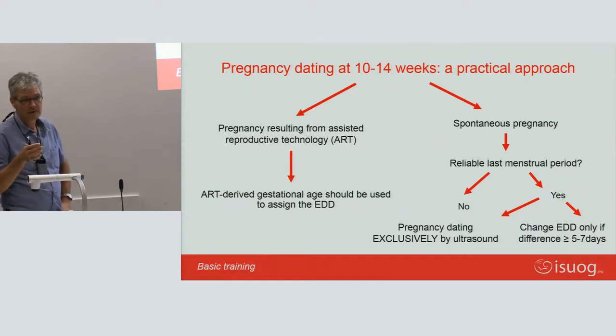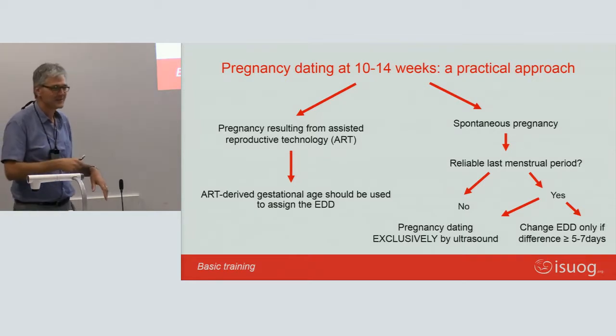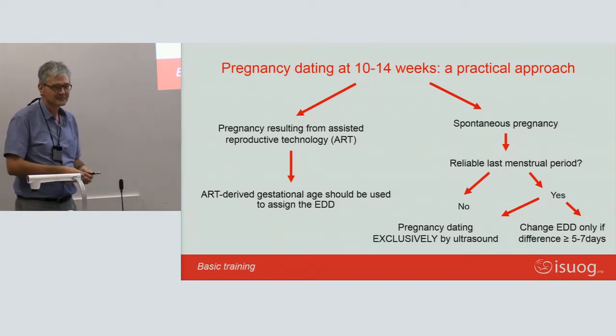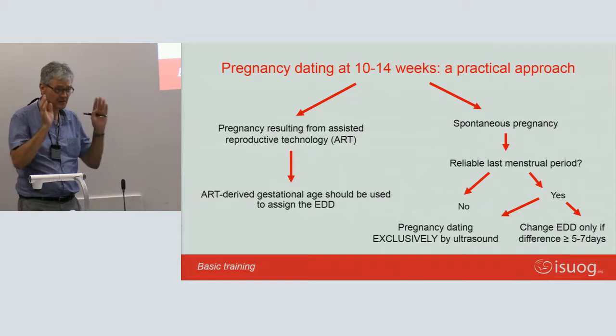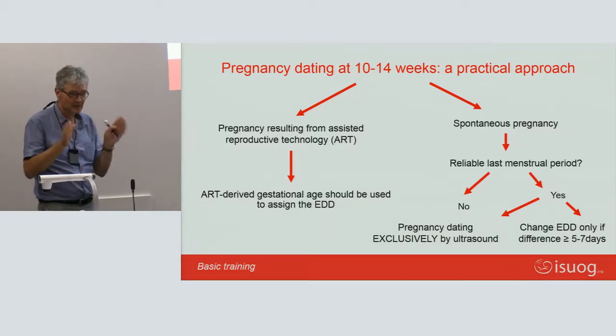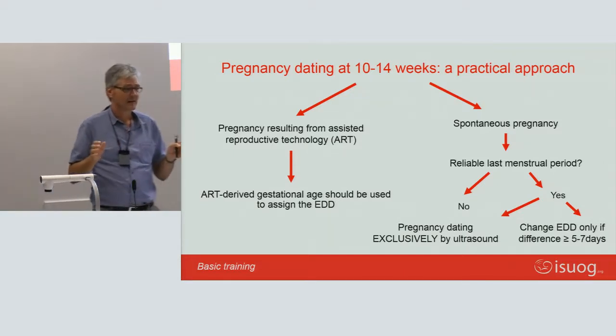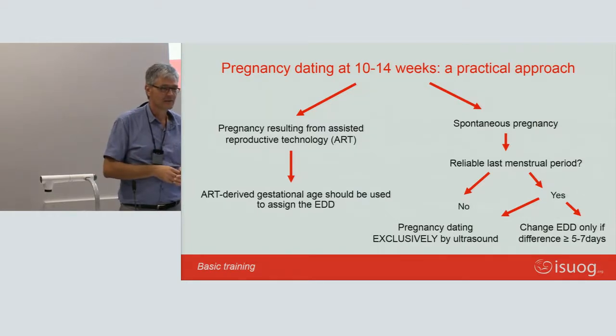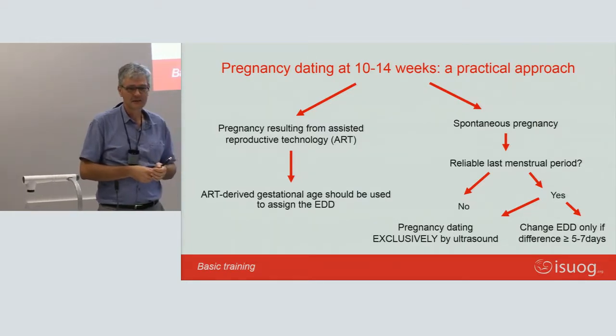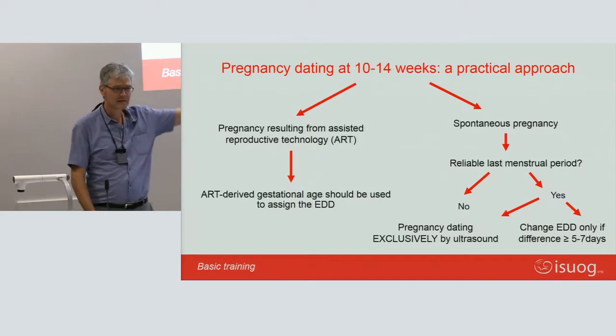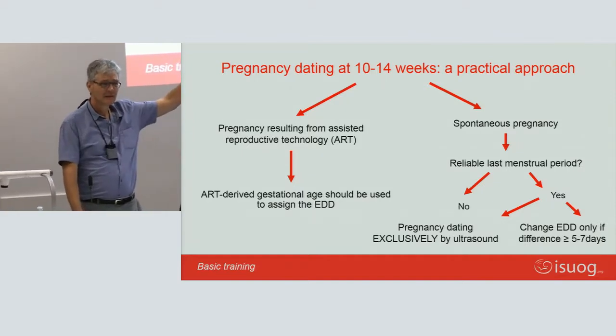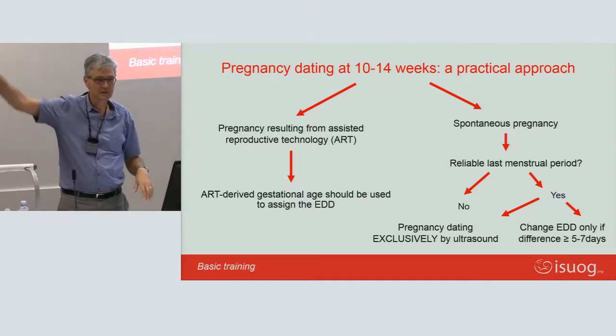And if someone's had an artificial insemination, do you use that date? Emma says 2 days later. Okay, so with IVF you know the conception date, you use that. Artificial insemination, do we use that date? Who says yes? I see a couple. Who says no?